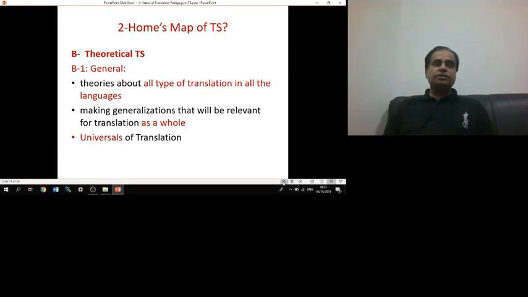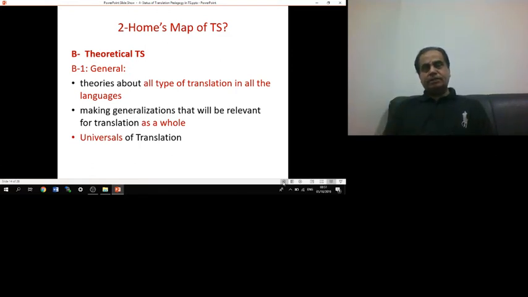So, for those languages which are different in structure, the probability is that the problems are greater in those pairs where the basic structures of the source text and the target text are different. So we have more problems of translation in that language pair.